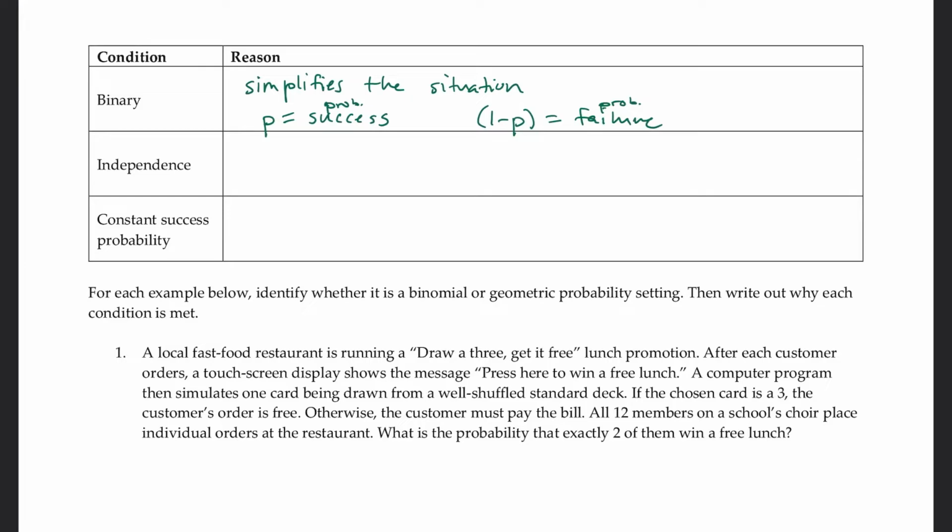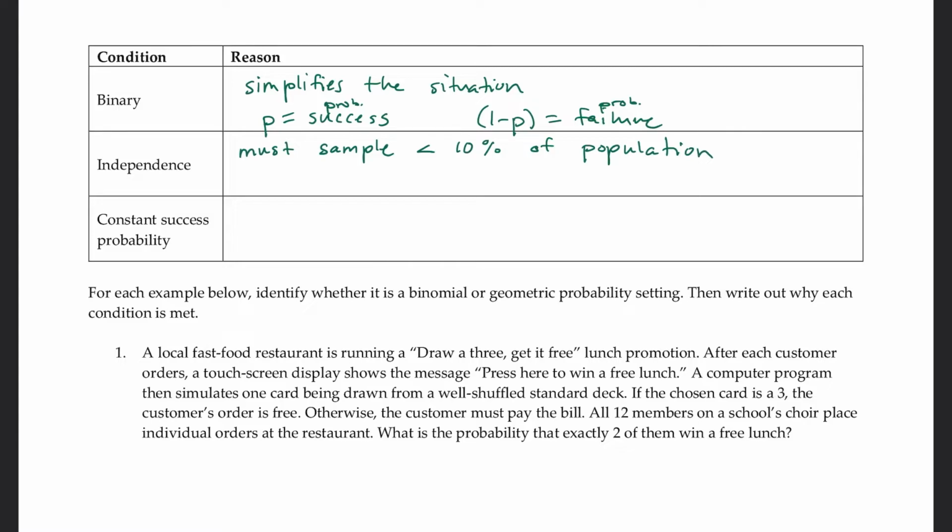So independence. One of the things we're going to start finding out is that one of the ways we can claim independence is that we must sample less than 10% of the population. That's going to be a common way to do that. So why is that going to be important?